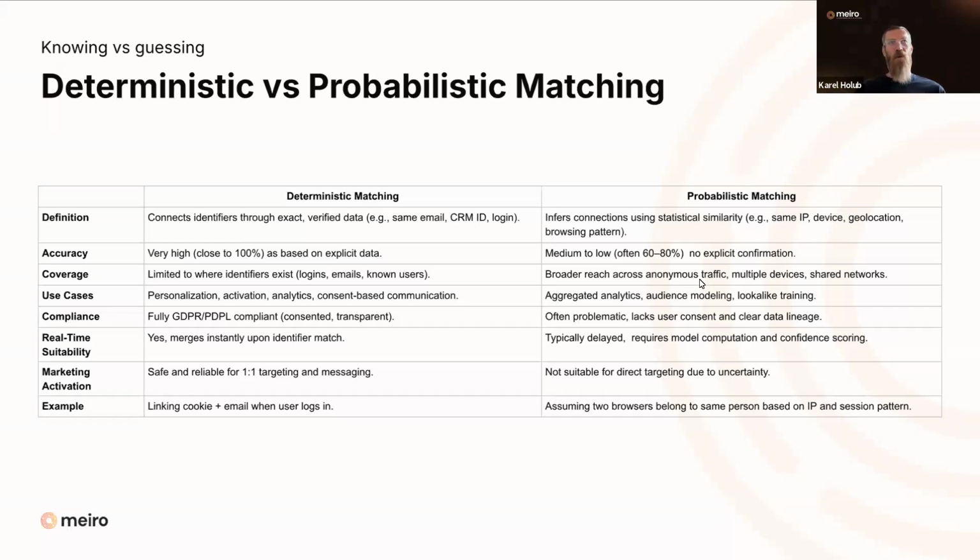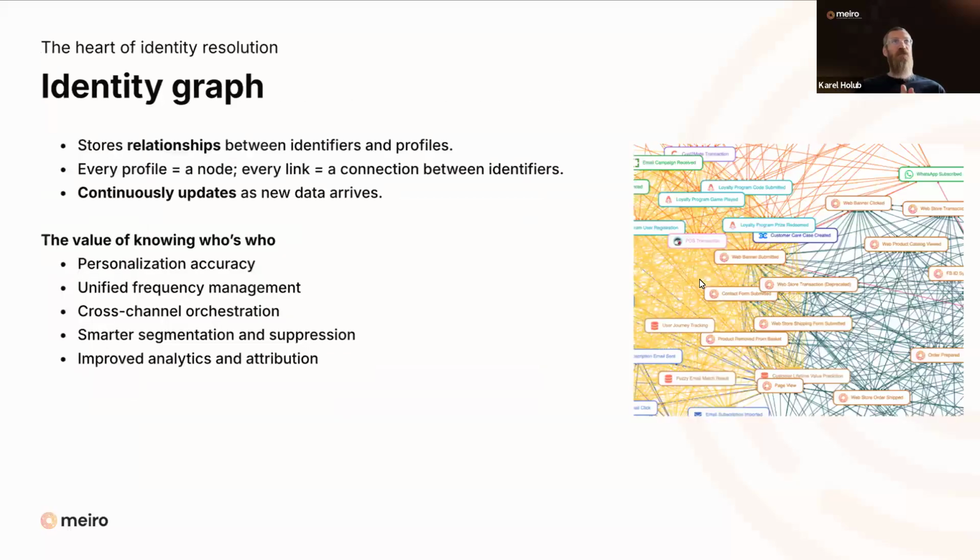Compliance can only be guaranteed with deterministic match. I don't think you can take probabilistic matching as 100% compliant with GDPR and the other rules. So be careful about that one. And we've been through the examples, so that would be the comparison between deterministic and probabilistic matching.